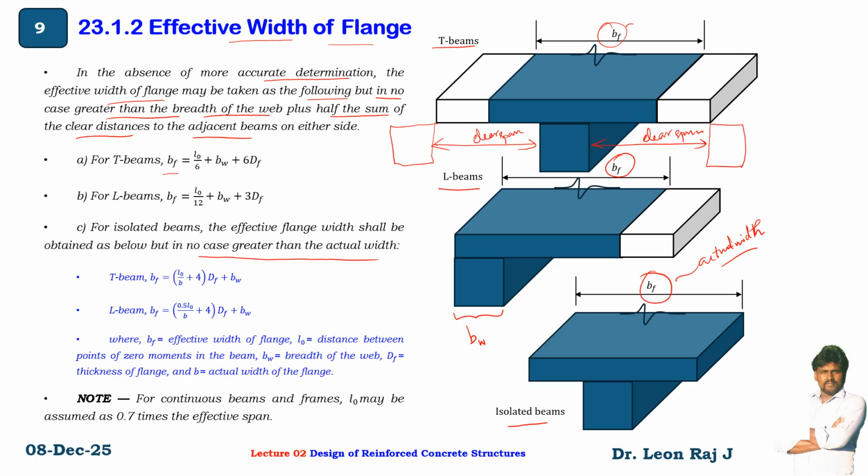For isolated beams also, L0 by b plus 4. So BF, that means effective flange width, is a function of depth of the flange, width of the web, and L0. Df means depth of the flange, and L0 is the distance between points of zero moments in the beam.